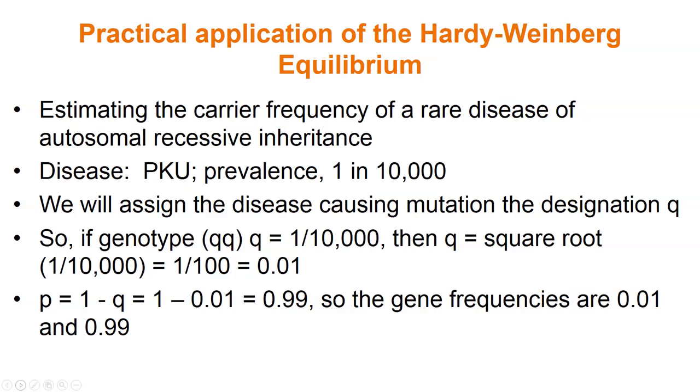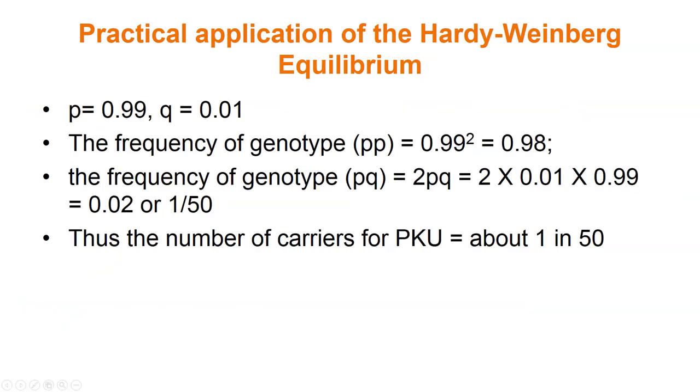Because we know the incidence of one gene, we can calculate the other gene. So the gene frequency of Q is 0.01, and the gene frequency of P is 0.99. So what I'm ultimately asking you is, what's the incidence of carriers?